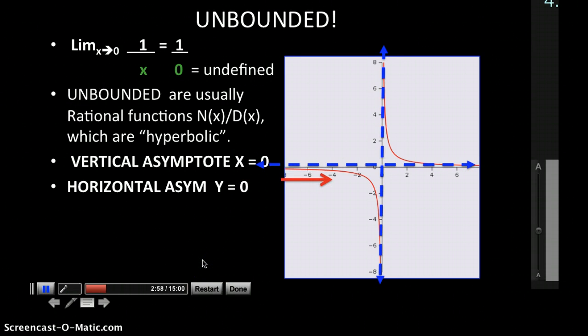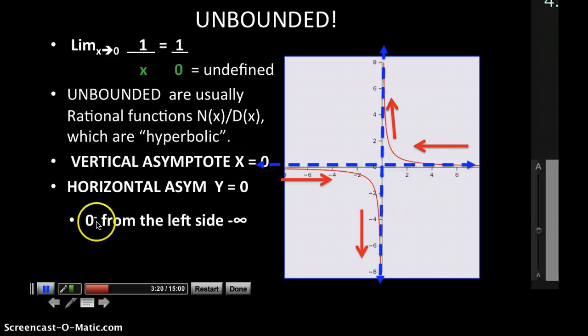So as I take the path of the function, which is right here, going this direction, down this direction, and over here is coming in towards 0, x is 0, and then towards 0 it goes up. This 0 from the left side is down here, negative infinity.